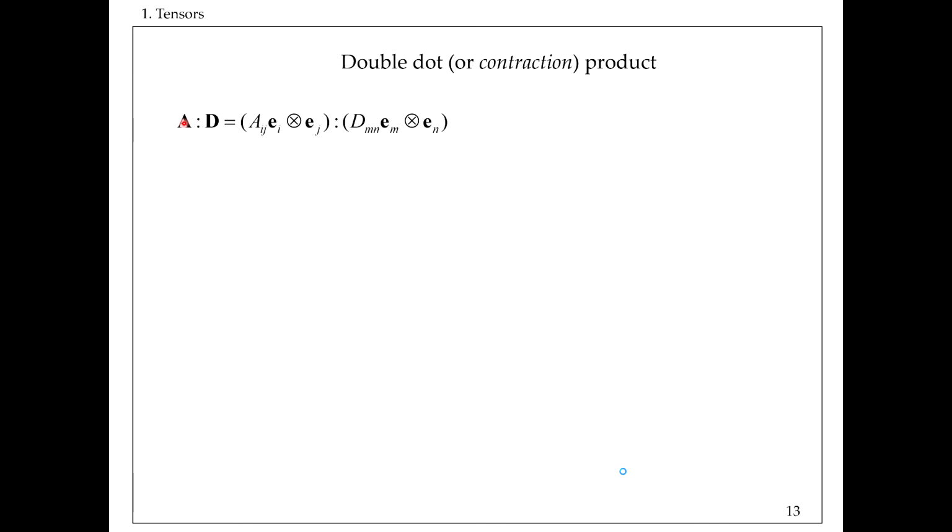So for vectors, to contract them into a scalar, we just need one dot. So these are second order tensors. So then here we have double dot contraction.